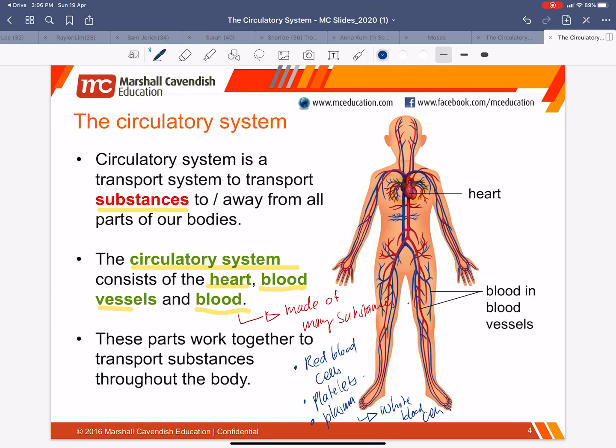And of course you've got your carbon dioxide and your other waste products that dissolve into it as well. So generally these parts work together to transport substances throughout the body. So remember this, that a system is basically made up of different components coming together and then working together in order to keep a particular function going. Okay, so that is the system that we are talking about here.